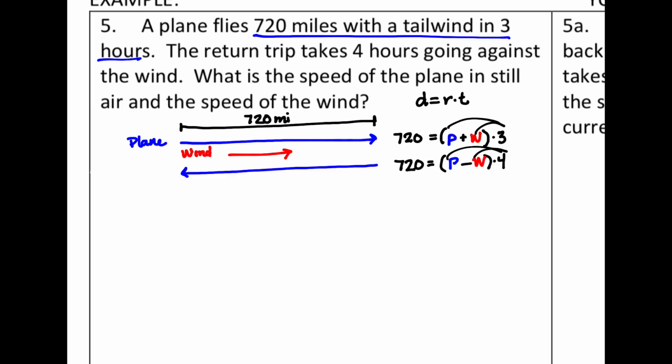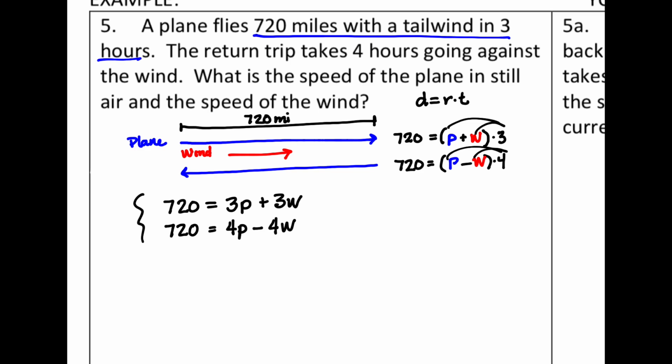And I'm going to rewrite it over on this side so that I have extra space to work if I need it. So that gives me the first equation of 720 is equal to 3 times P plus 3 times W. The second one, 720 is equal to 4 times P minus 4 times W. And that is our system.